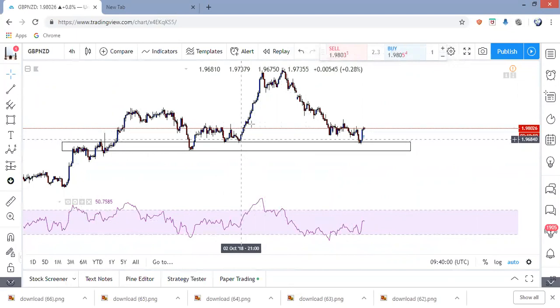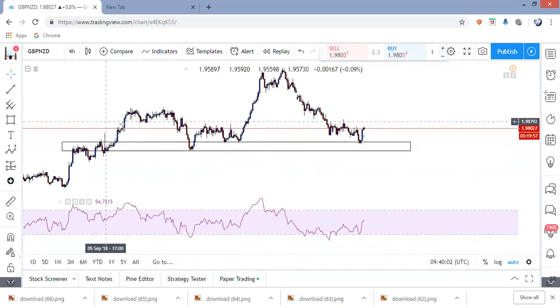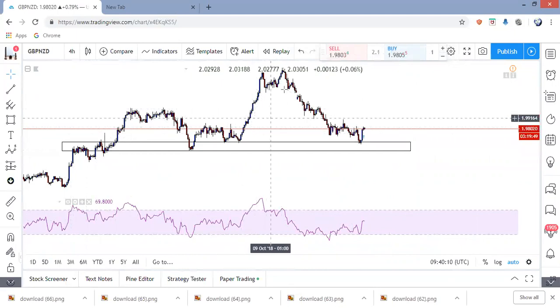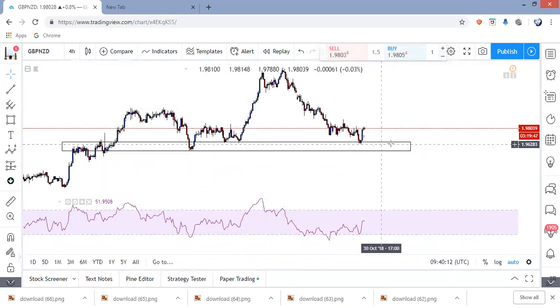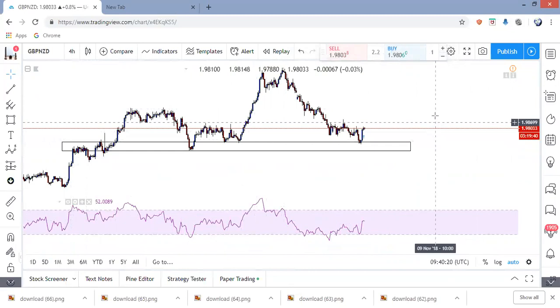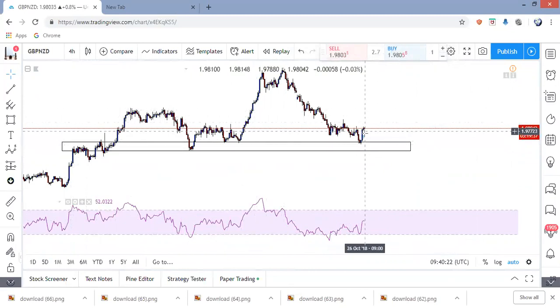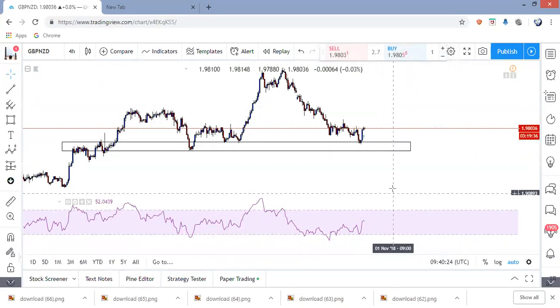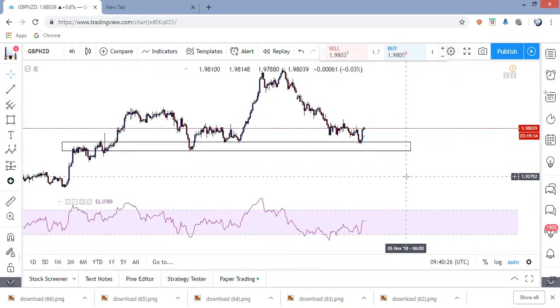As you can see from here, we had strong bulls, and we also had some sort of resistance around this area, and then it broke the resistance and turned it into support. So this confirms that this area is a fair demand zone. So I'm expecting the market to turn and go up from here.